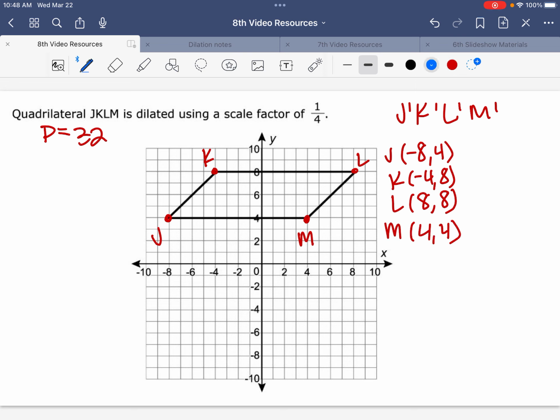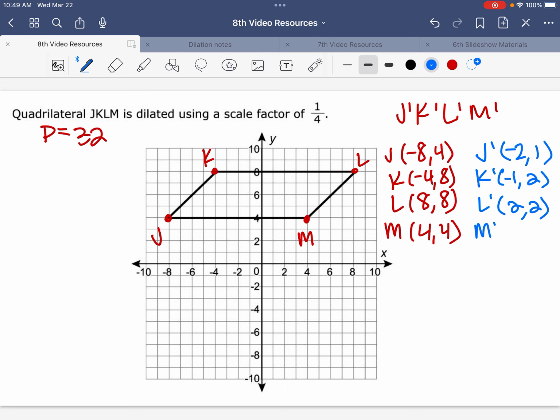So to find J prime, K prime, L prime, and M prime, we're going to take 1/4 of all of those coordinates. So 1/4 of -8 is -2. And 1/4 of 4 is 1. 1/4 of -4 is -1. And 1/4 of 8 is 2. 1/4 of 8 is 2, so L prime is 2, 2.